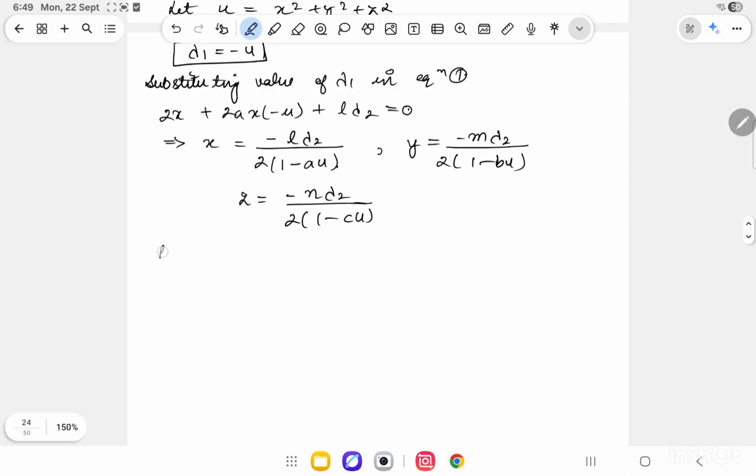But in the question it is given that lx plus my plus nz equals 0.